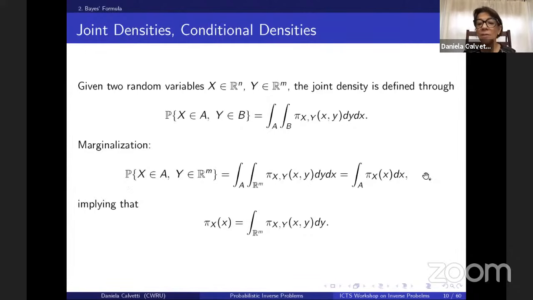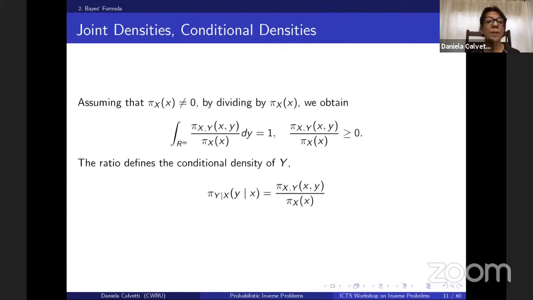And what I get out of it is the integral over A of pi of x dx, which is really going to give me the probability density of x.